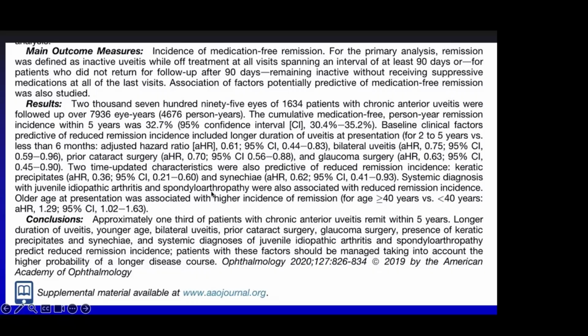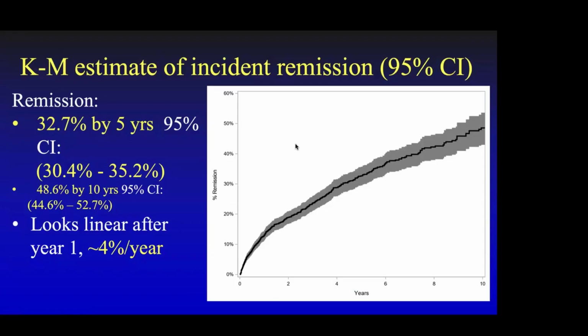So that's kind of interesting because we think of spondyloarthropathy typically as a remitting kind of condition. Older age was associated with a higher incidence of remission, so that was the only one that looked favorable. So we should think then, if we're deciding to stop our suppressive treatment for these patients, that it's not too likely they're going to be in remission. It doesn't mean we don't try, but we need to be prepared and watch carefully because they likely will relapse. And this is showing the incidence of remission out to 10 years, so it's not even 50% by 10 years.